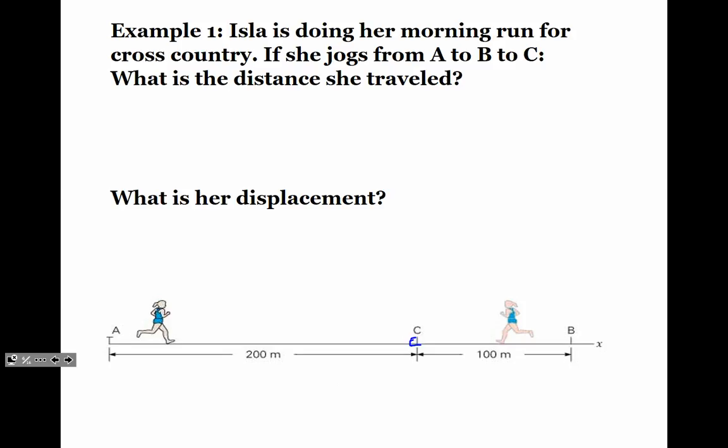So she ran 300 meters all the way to B, and then she ran back towards where she started for 100 meters and stopped, which means that she was 200 meters away from her original position, so we would subtract out that 200 meters. And so that then gives us a displacement of 200 meters. And so that is her displacement.